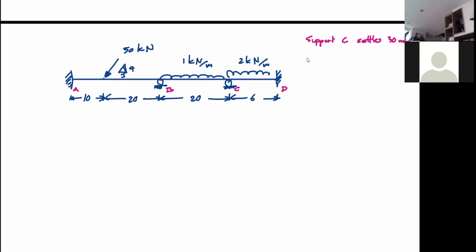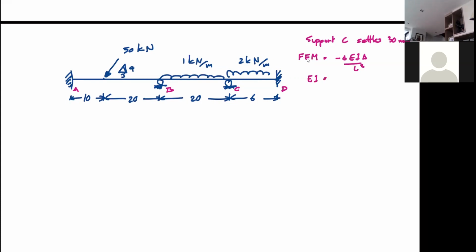The formula is 6EI delta over L squared. If you can recall, fixed end moment minus 6EI delta over L squared, the formula that we used in the development of the slope deflection equation. So I have to give you the EI value.